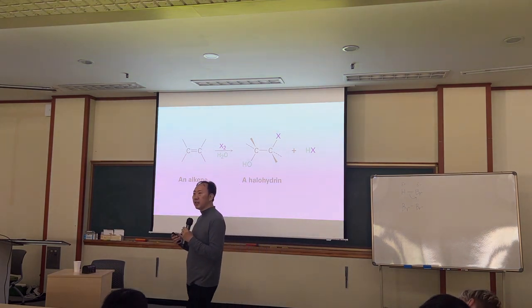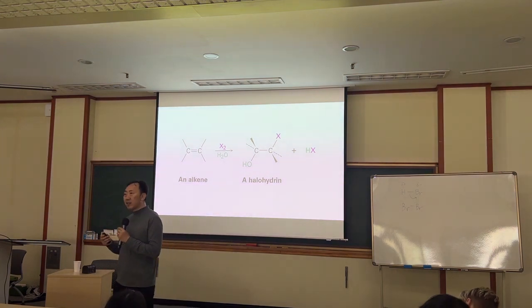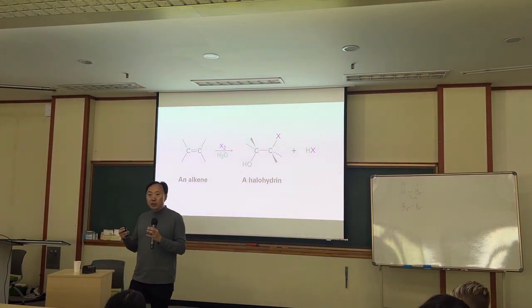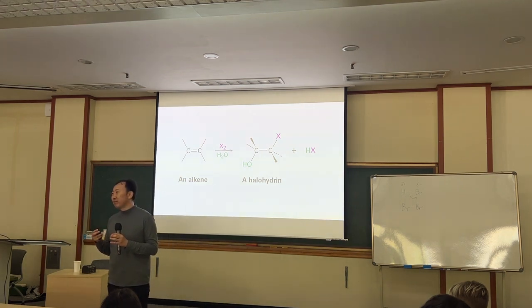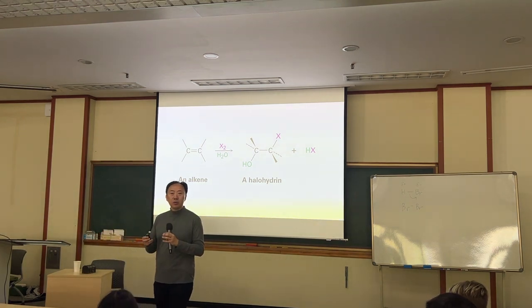Anyway, Cl2 is very toxic to humans. Br2, what do you think? It's also very toxic, and it is especially known to be more toxic to males, making you sterile. Sterile means clean, meaning you cannot make a baby. So Cl2, Br2, those reagents are very toxic to humans.